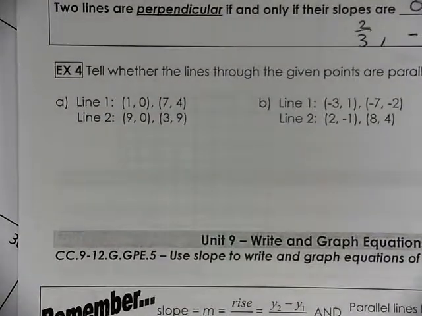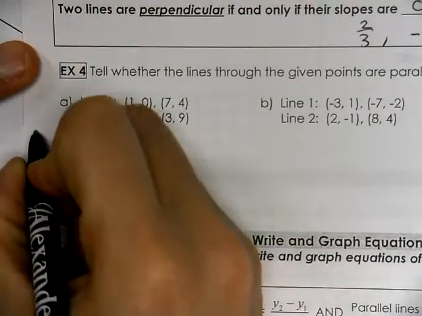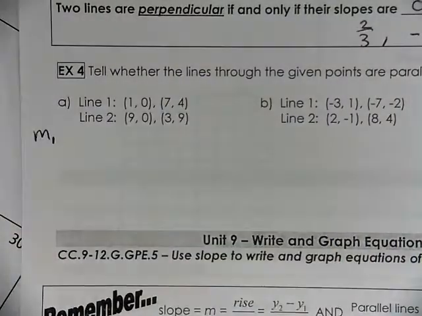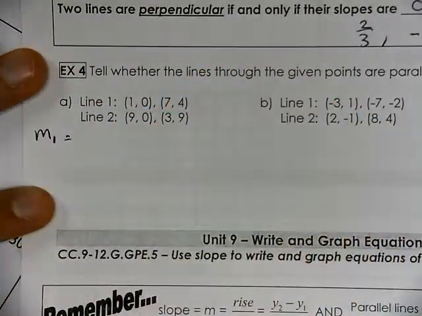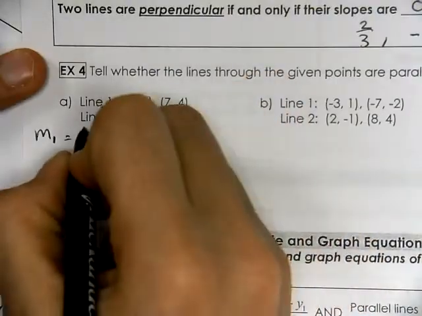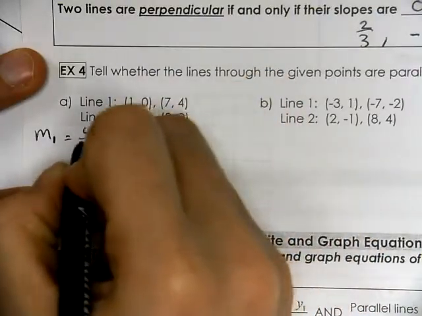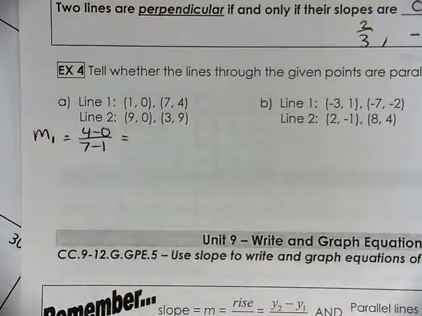So you got to find the slope of both lines. So you can always do slope M, and then I just put like a subscript for 1. So this is where knowing the equation comes in handy. So 4 minus 0, 7 minus 1.